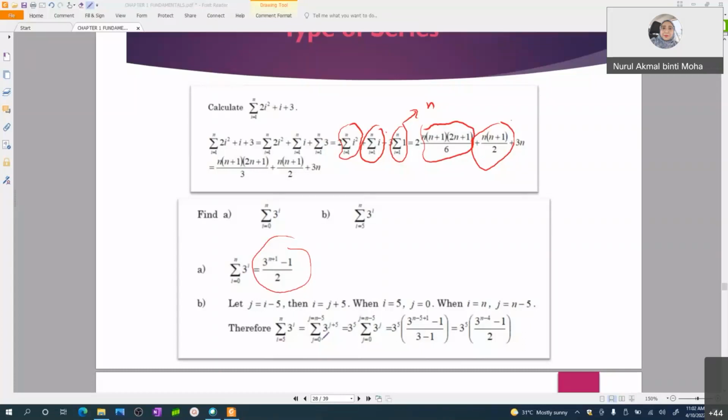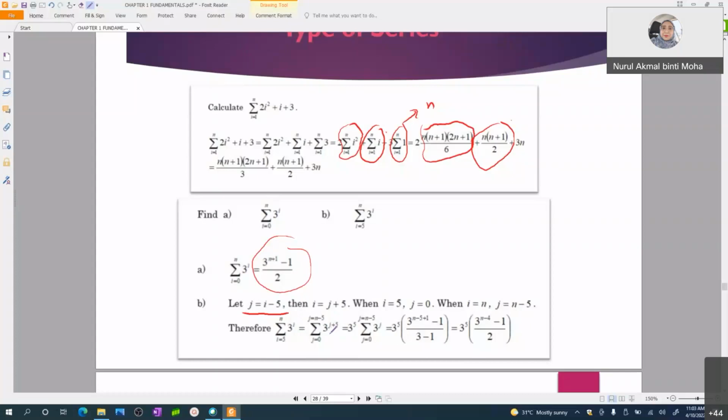Obviously you can do it by representing this formula: j is equal to i minus 5. So from this, not only does the index for the sigma change, but also the index for the elements. The original element is 3 to the power of i, but because i is equal to j plus 5, when the index is in terms of j, it will be 3 to the power of j plus 5.